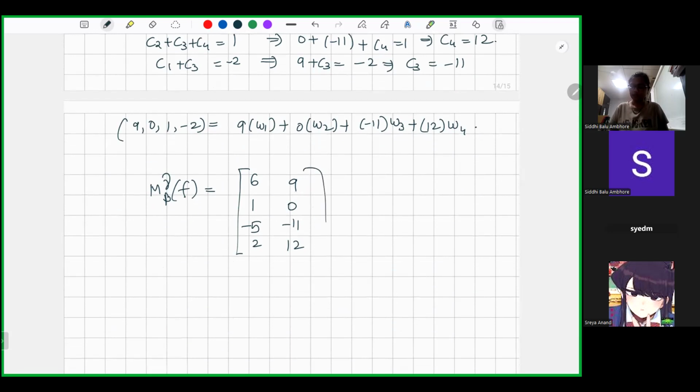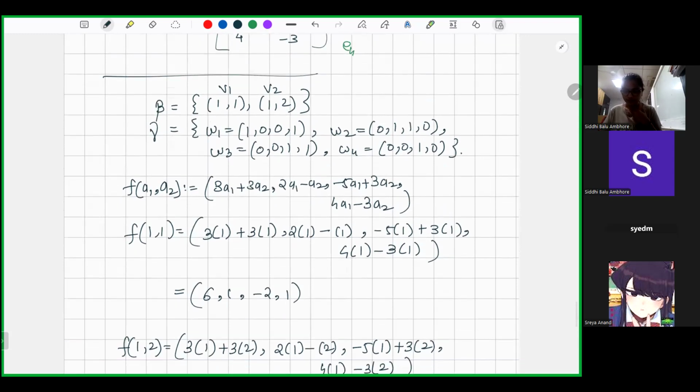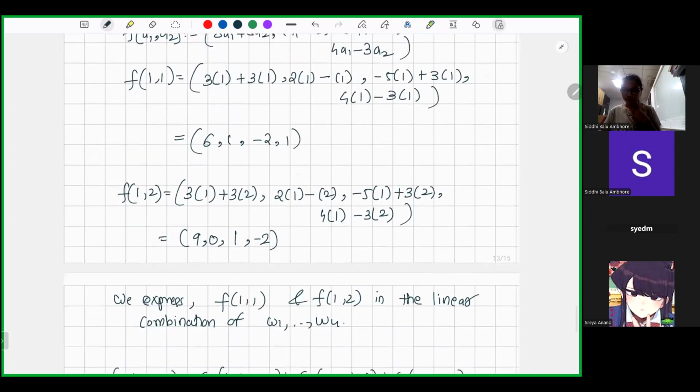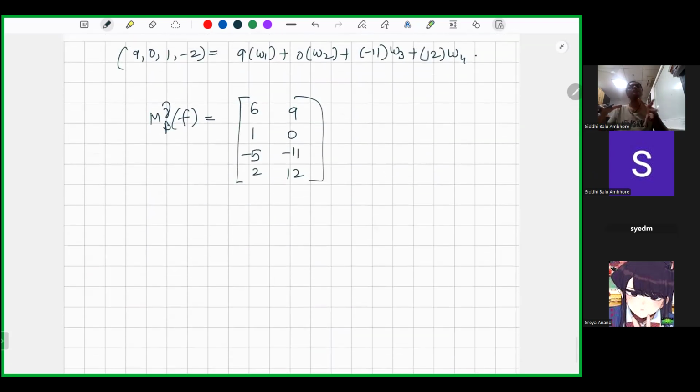Okay. And if you want to check whether this actually holds, what we can do is this. Now we check that these two matrices actually serve the purpose. For example, my standard basis was 1 0, 0 1. This one was 1 1, 1 2, right?